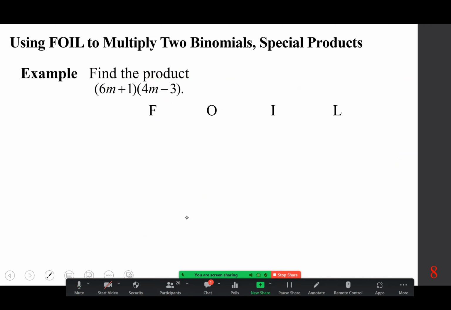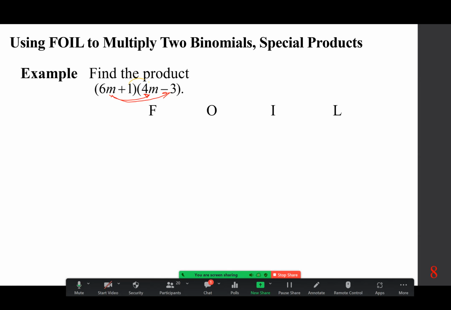Everybody knows how to multiply. There is something called foiling. F stands for firsts, outers, inners, lasts. So first we multiply these two, then we multiply these two. First we get 6m times 4m, or 24m squared. Then 6m times negative 3 gives us negative 18m.